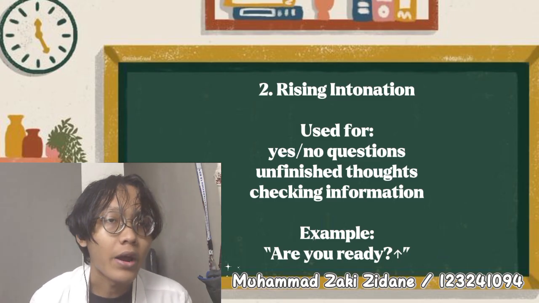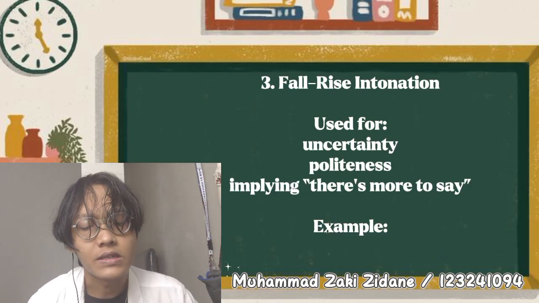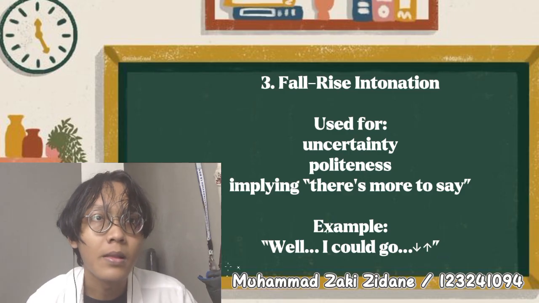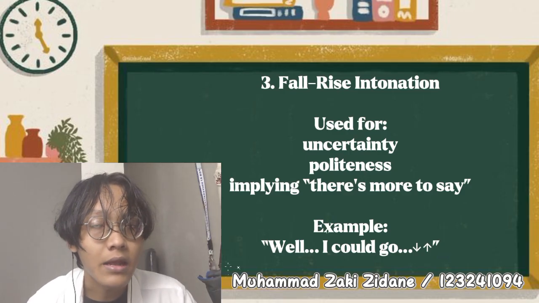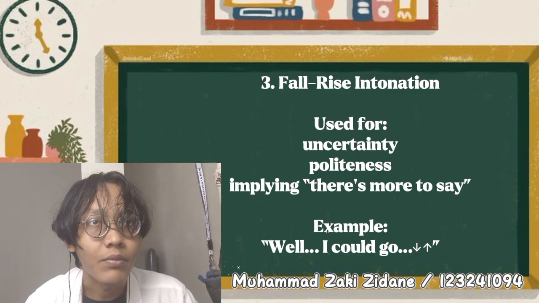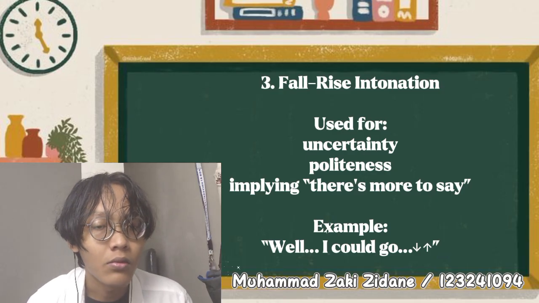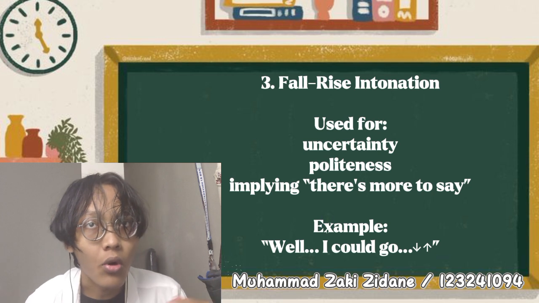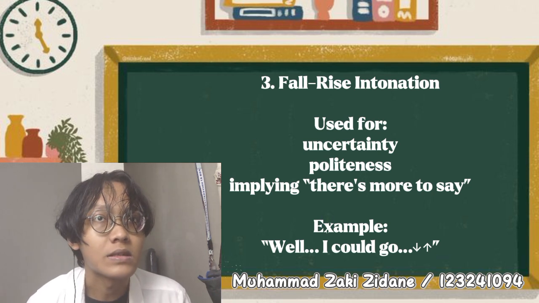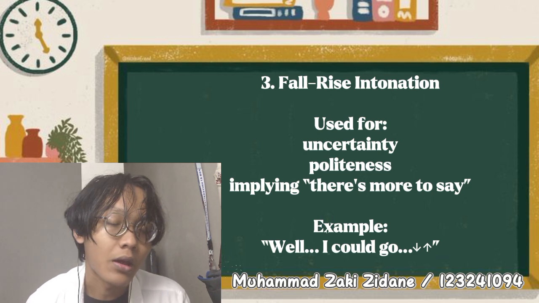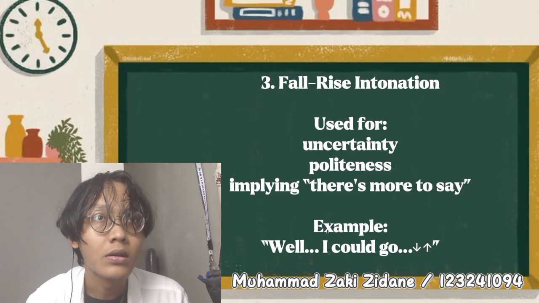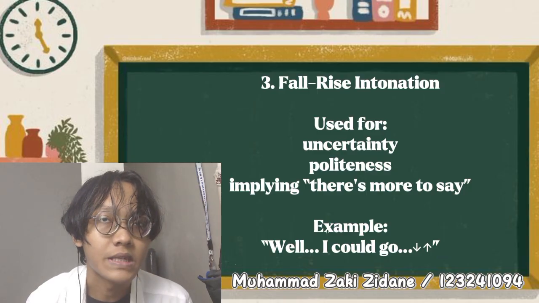Then there's fall-rise intonation, which is a bit more subtle. The voice falls and then rises again, showing that we are unsure or trying to be polite. For example, we're using it for, well, I could go. The sentence sounds open-ended, like you are holding something back.